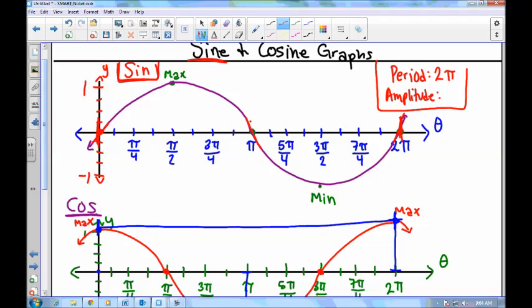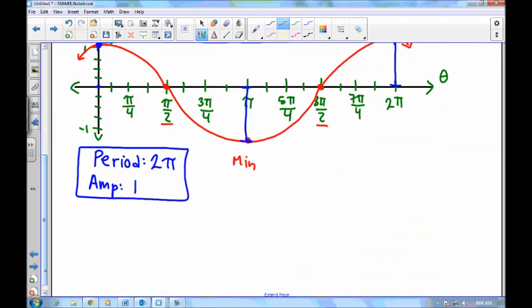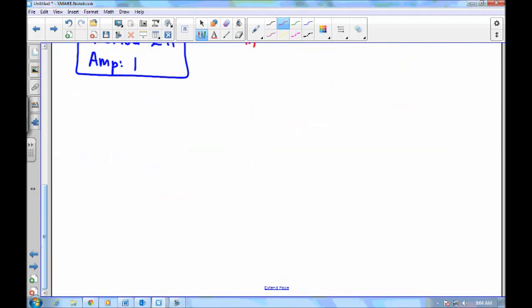Oh, what is our amplitude? Yeah, it's also 1, right? Okay, so yes, sine, cosine. Now we have some properties of the sine function, which actually also apply to cosine function. We'll just focus on sine, and then you can apply the same idea to cosine.